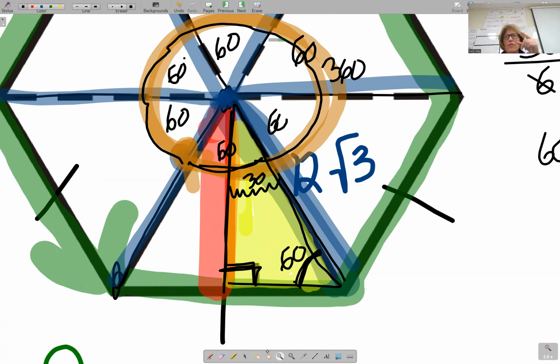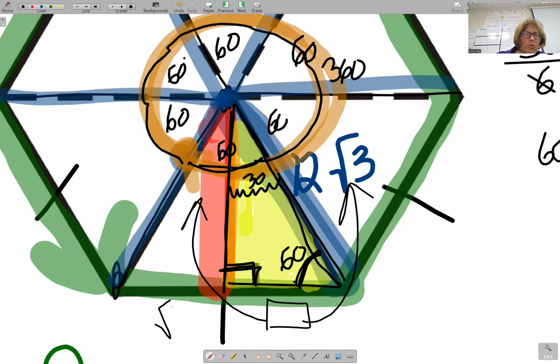Now, if it didn't have a 60 and another kind of angle, you could always use SOHCAHTOA. But since we have a 30, 60, 90, we have a shortcut. So there's our short leg. Short leg to the long leg, root 3, short leg to the hypotenuse times 2.